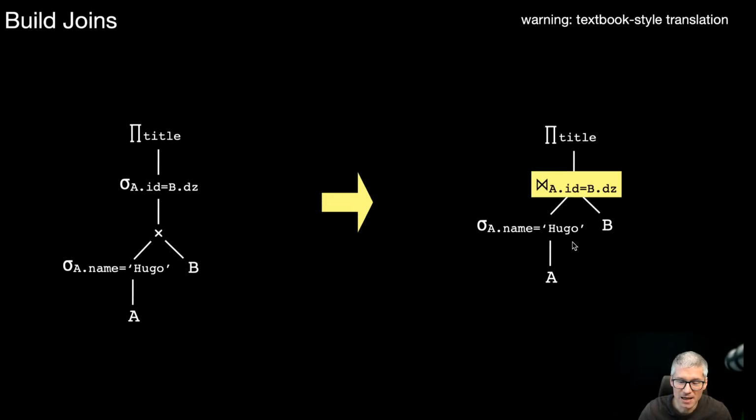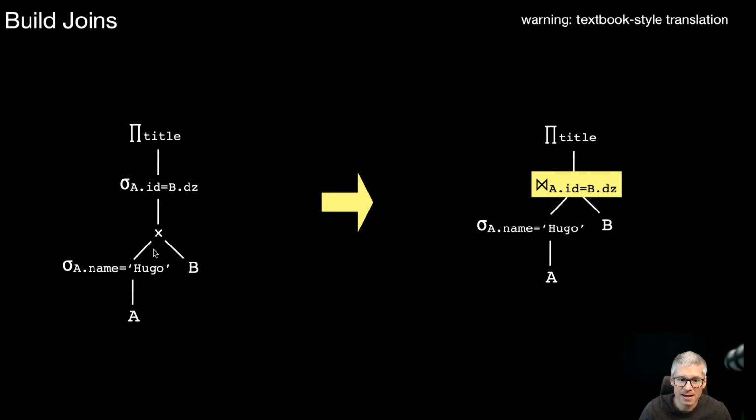It's an important rule. And another thing that you could do in this situation, so again, that's what we had on the previous slide. Now we still have this condition here, and there's a rule saying, if you have a cross product, and on top of that is a selection, that is a so-called join predicate. It is a join predicate as this part here refers to the left input of the cross product, the A.id, and this part here refers to the right input of the cross product, that's B.dz.